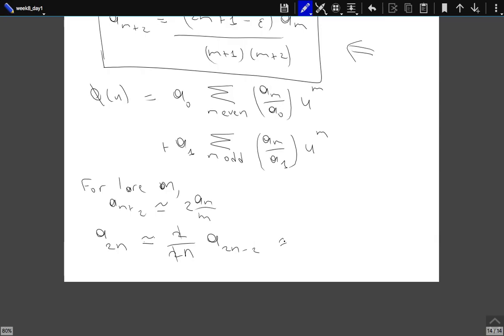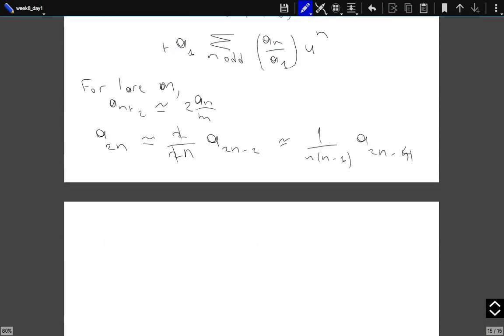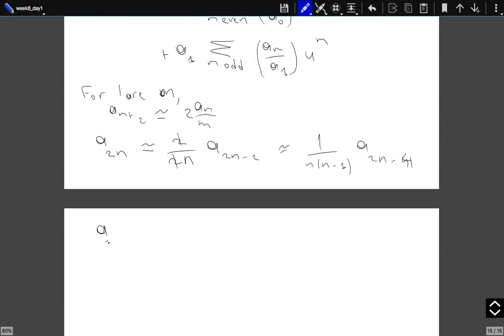Well, this will be approximately 1 over (n minus 1) times a of 2n minus 4. So a of 2n will be somewhat 1 over n factorial times a0. I will be more precise on Wednesday.